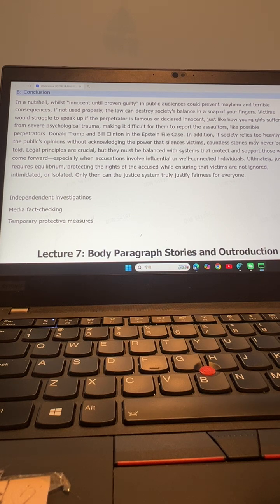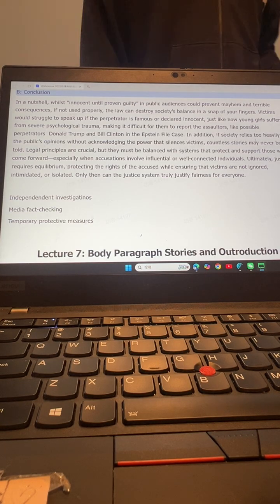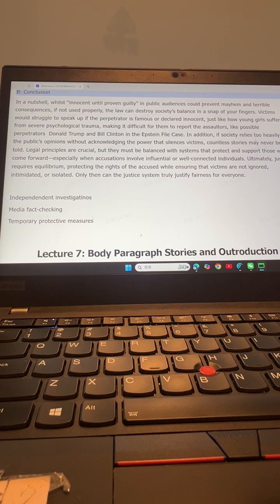So yeah, you can try to add these 3 to the suggestion part to show that you have a better understanding of the situation, and you can have your own thoughts about how to solve, not solve, but at least improve this part. Okay, so this is the advice for your own topic.